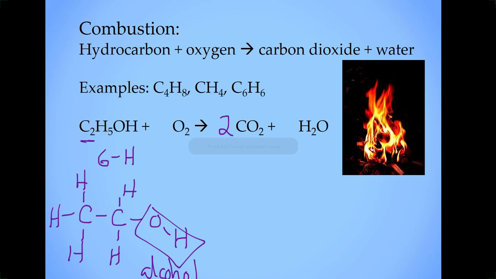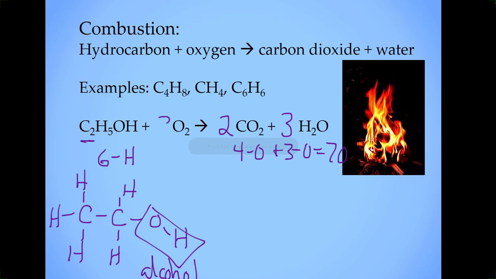Let's go ahead and finish balancing it. So we have our hydrogens. We have 6 on one side, so I'm going to put a 3 over here. And that gives us our 6 hydrogens. Let's look at our oxygen. We have 1 plus 2, so there's 3 oxygens there. And on the other side, I have 4 oxygens plus 3 oxygens, so I should have 7 oxygens total.